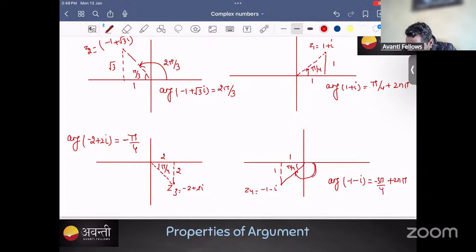First of all, this angle is 3 pi by 4, then you are measuring it clockwise, so it will be minus 3 pi by 4 plus 2n pi. Here also I can add 2n pi. So these are the arguments. And if you do not add 2n pi to it, it will be the principal value of argument. That is pi by 4, 2 pi by 3, minus pi by 4 and minus 3 pi by 4. Understood?